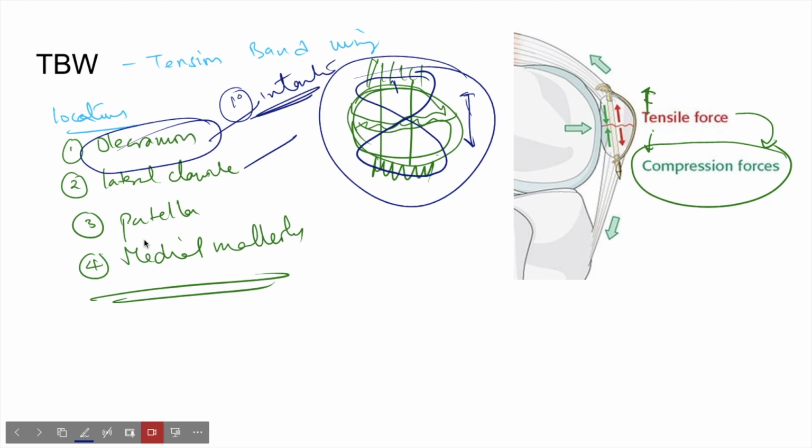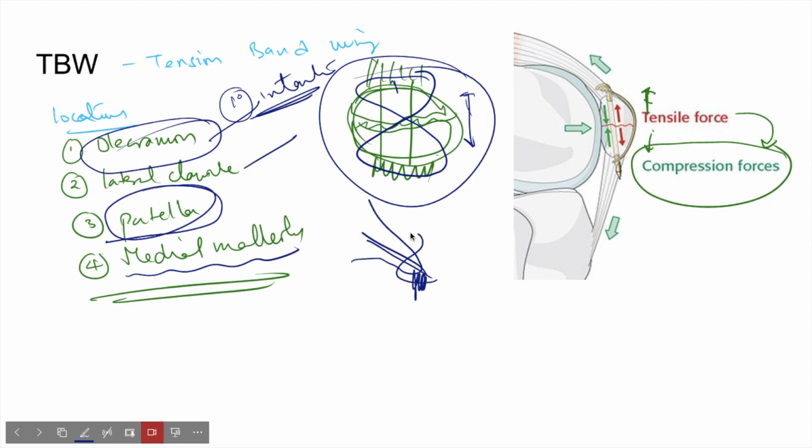It is one of the most common techniques used in fixing patella fractures, and it is also used in the medial malleolus, where the deltoid ligament tends to pull on the fragment. You can put K-wires, and when you do wiring with a stainless steel wire of appropriate size, it converts the tensile force into a compression force. So this is the basic principle of tension band wiring.